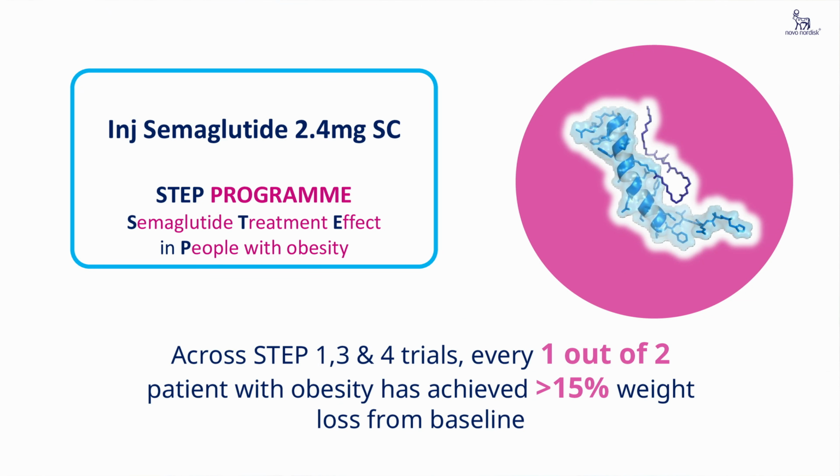The STEP program has been evaluating the effect of semaglutide in the injectable form, and what was very exciting with this drug is that at least 50% of people on injectable semaglutide 2.4 is able to achieve a weight loss greater than 15%, which is pretty dramatic, and that is in all of the STEP studies, that is STEP 1 to STEP 5 program.